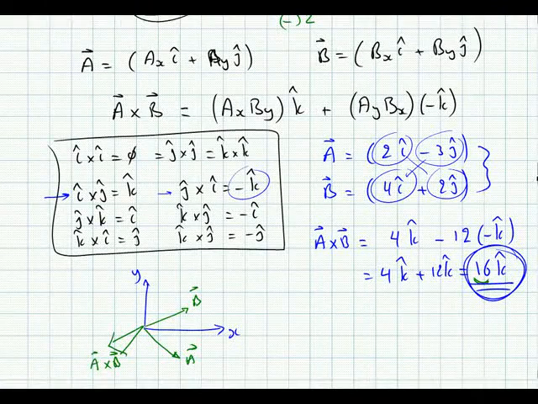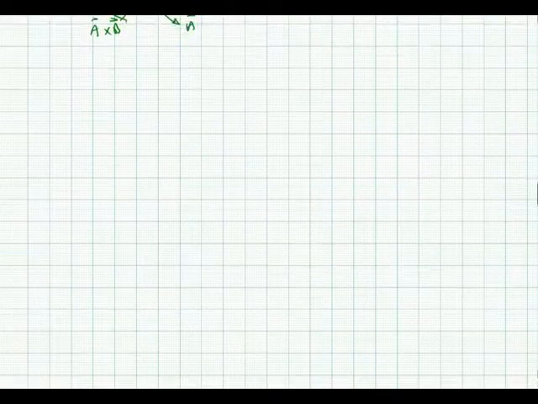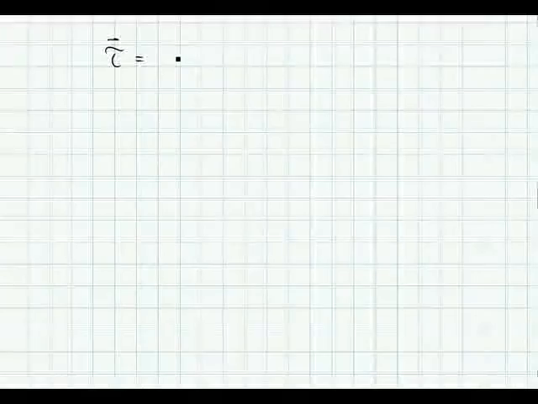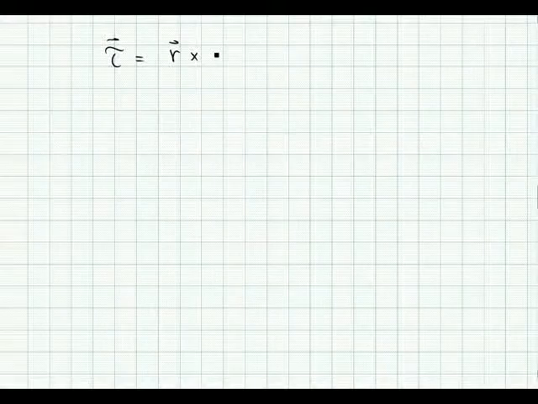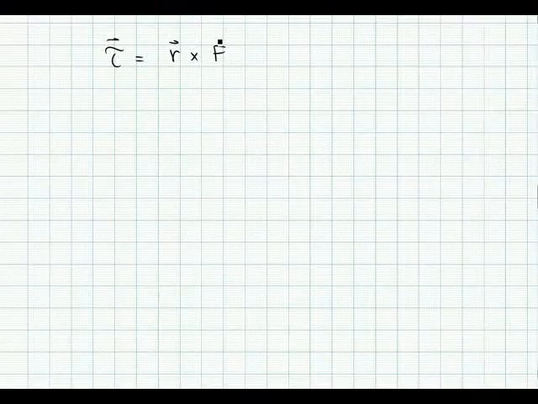Now, where do we make use of the vector cross product in rotational motion? Well, we can, for example, define torque as the vector cross product of moment arm and force being applied.